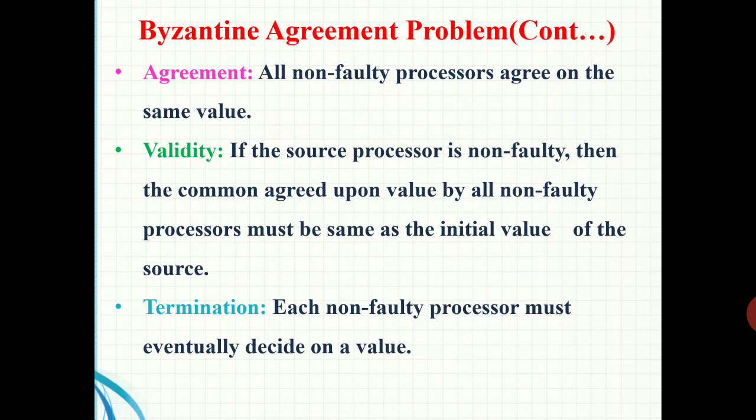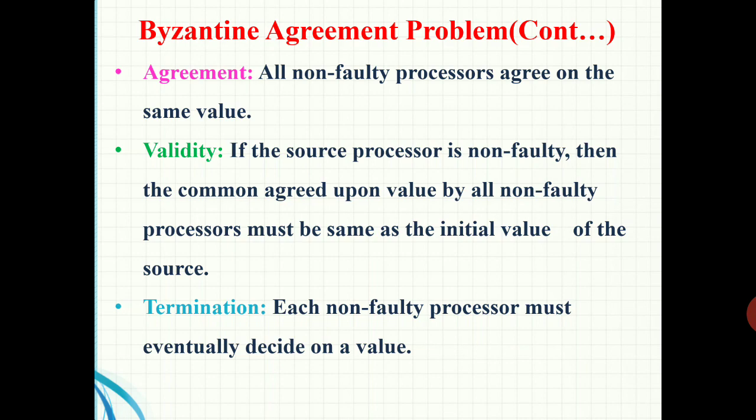Then when we come to the Byzantine agreement protocol, the solution must meet some objectives. The first one is agreement. That is, all non-faulty processors agree on the same value.